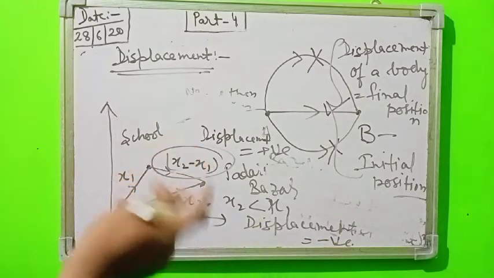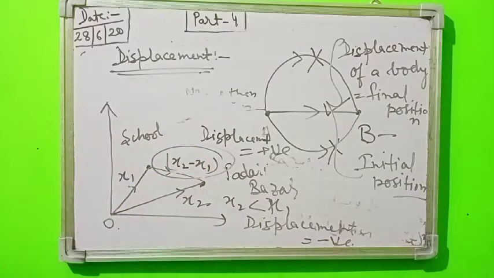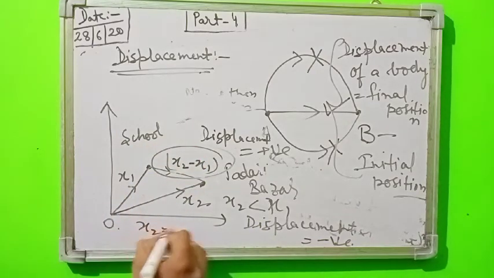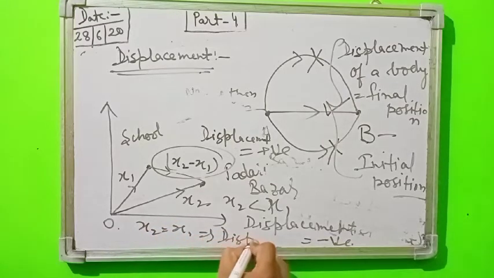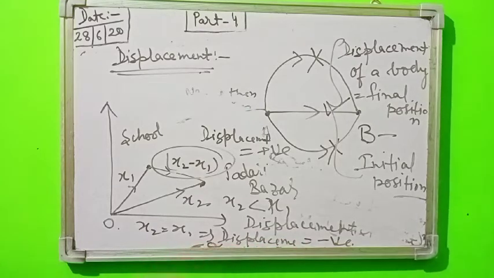And if final position and initial position are the same, that is x2 is equal to x1, then displacement is equal to 0.